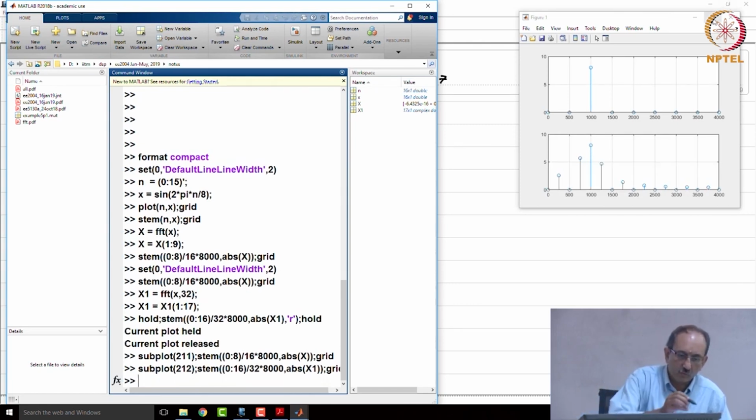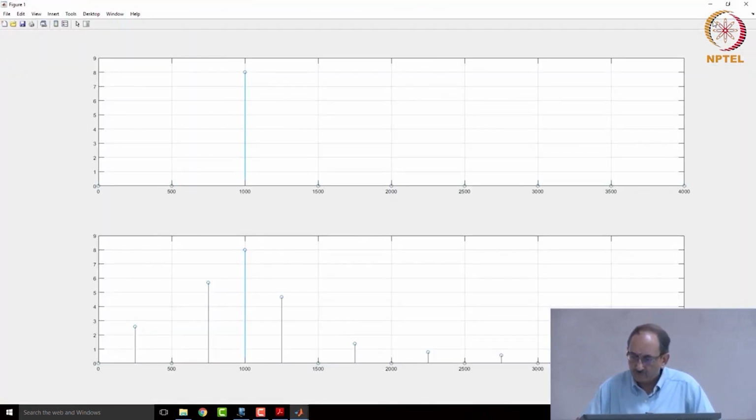All right, now we are able to compare them. Therefore, here you had 9 points, 0 to N by 2, 0 to 8. Here you have 17, 0 to 16. And if you see, this point is the same as this, right? And at 500 you have this.